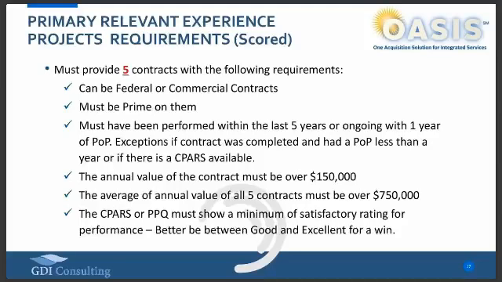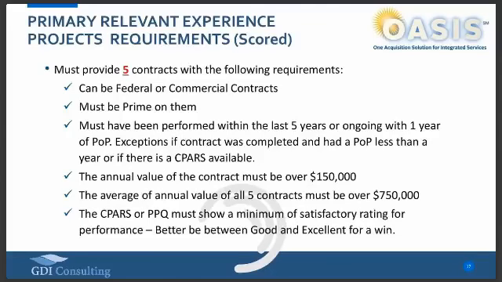But that's essentially it. So as I said, you can't use a project that was awarded in most of 2018 and ongoing. The annual value of the contracts you bring on the table, of the 5, all of them must be above $150,000. So you can't have a contract that is less than $150,000.